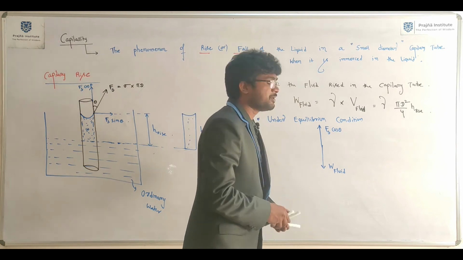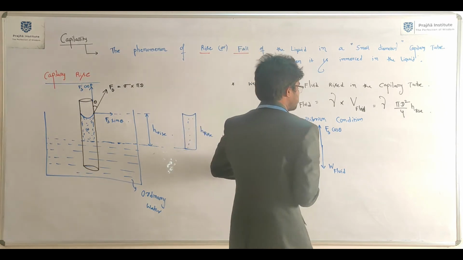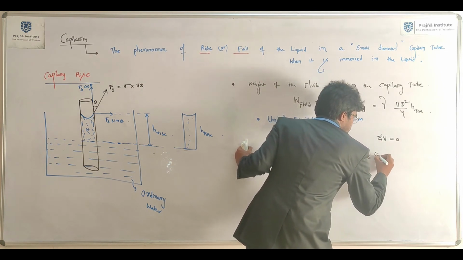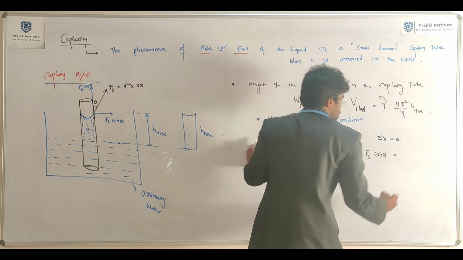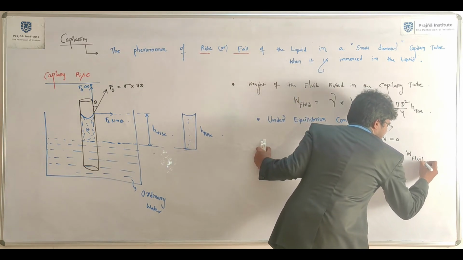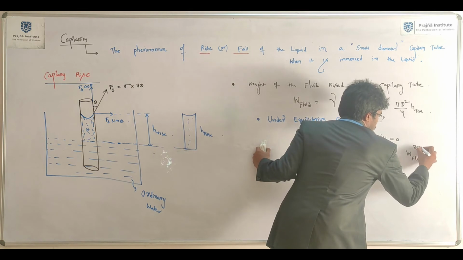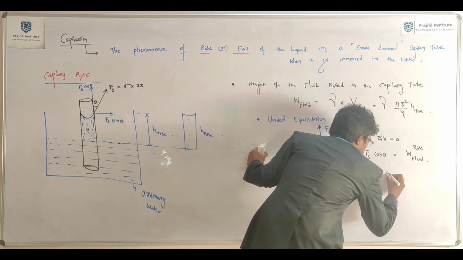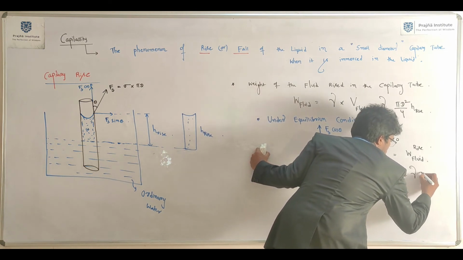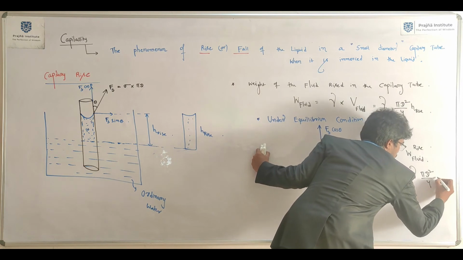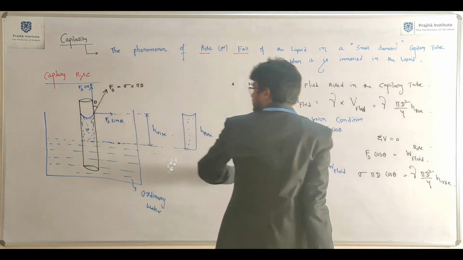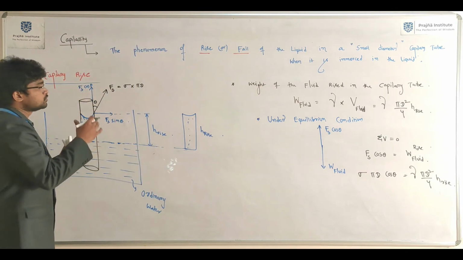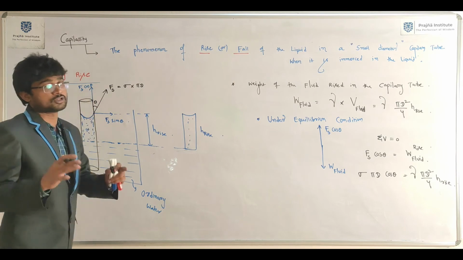Under equilibrium condition, sigma V equals 0. That means Fs cos theta equals the weight of the fluid raised. Here sigma pi d cos theta equals gamma of the fluid pi d square by 4 into H rise. Here sigma pi d is nothing but the total surface tension force acting on the periphery.